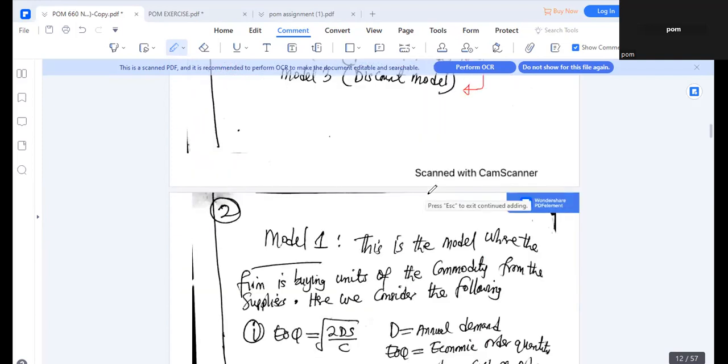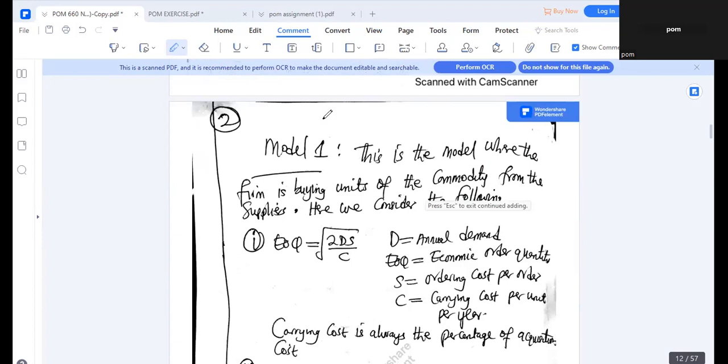Now, let's look at model 1, which is the purchasing model. We are simply saying that for this model, the firm is buying units of the commodity from the suppliers. You are running business and then you are buying units of the commodity from the suppliers.